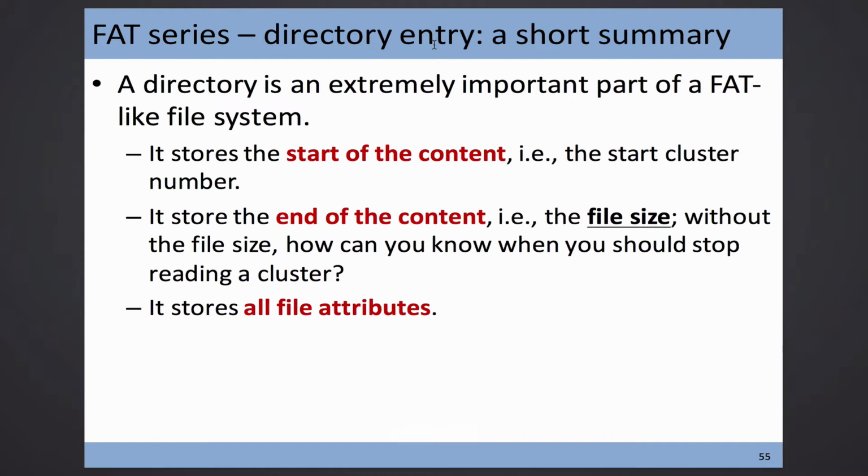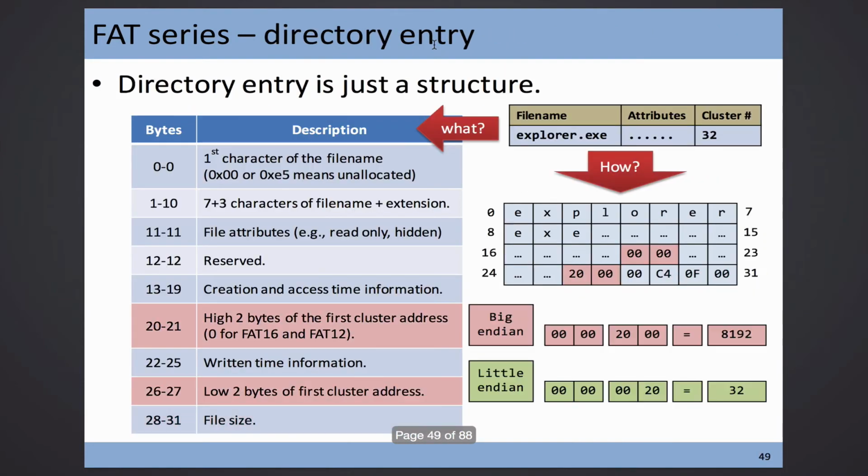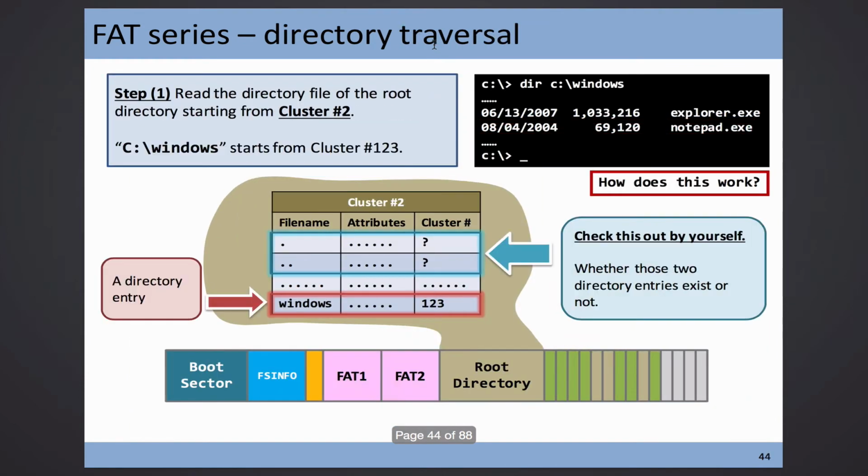Eventually it will go to the data part, because you try to read it. And remember, let me go back to this page. This is FAT1, this is FAT2, and after the FAT area, we start the data area. And remember, the root directory is always a part of the data.